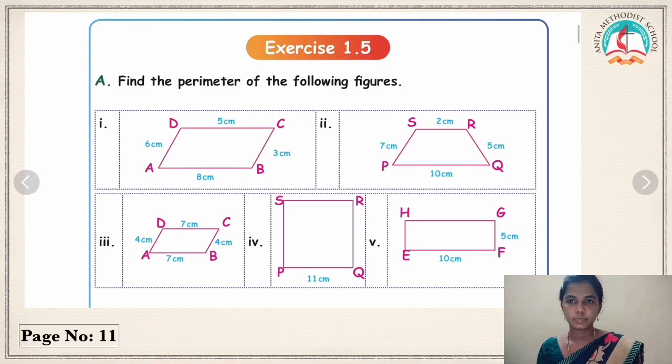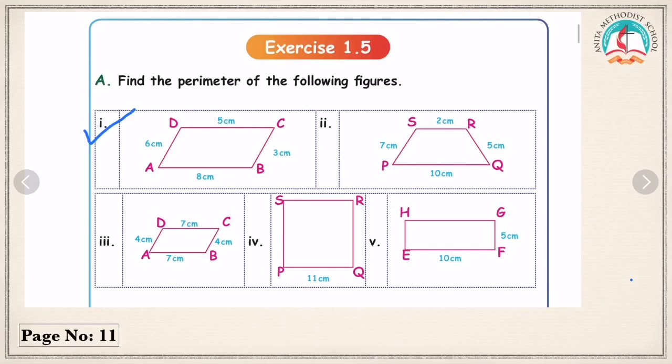So 1, 2, 3, 4, 5, 6, 7, 8, 9 and 10. Okay, so now pause the video and do the first sum in your classwork. Okay, only the first sum you need to do in your classwork, children, and tell me the answer fast.